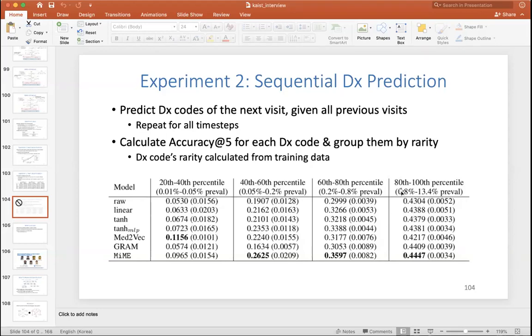But if you come back to the rare or rarer diseases, then the gap is wider: 36%, 34%, 26% to 23%. So you can see that there's a clear benefit from leveraging the structure of EHR.